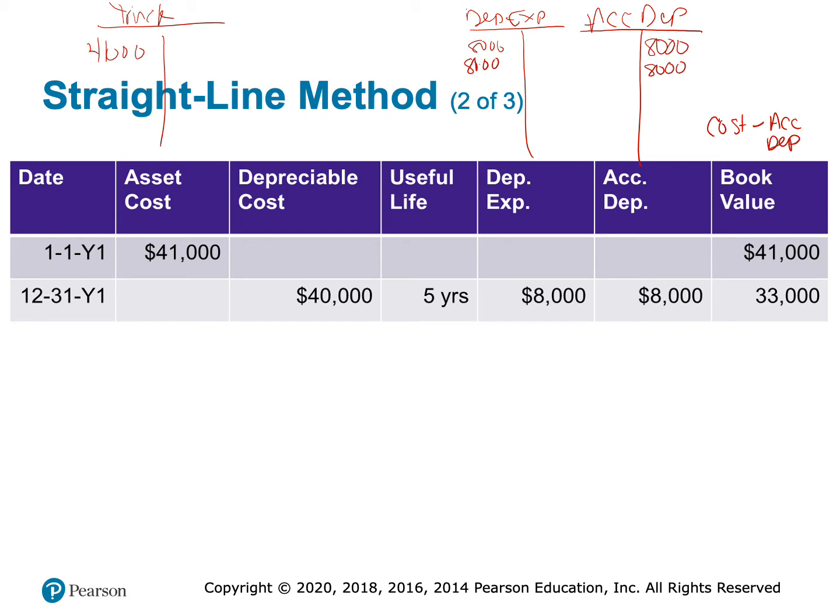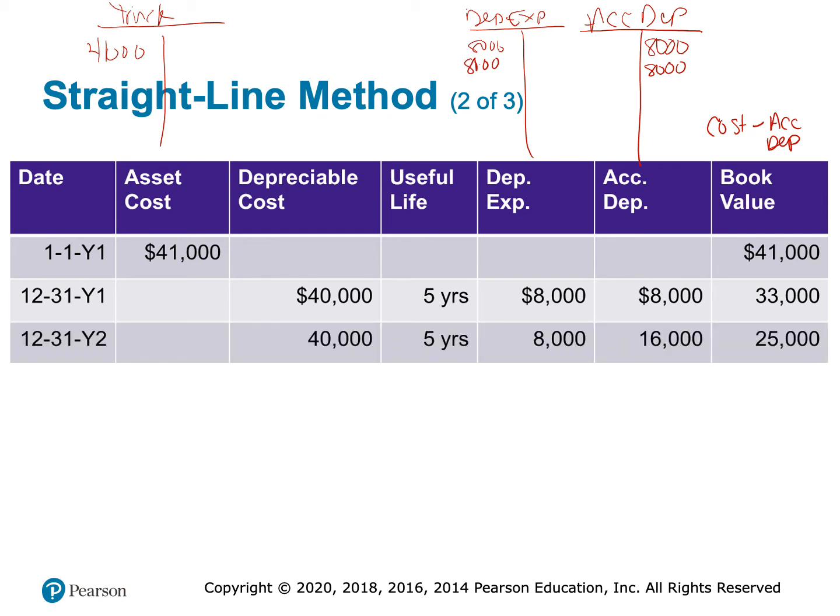So at the end of year 2, I'm going to list on that balance sheet, I'm going to list truck at $41,000. Now notice accumulated depreciation has a total balance of $16,000 in it because 2 years of depreciation has accumulated. Therefore, my net book value is $25,000 on that year's balance sheet.